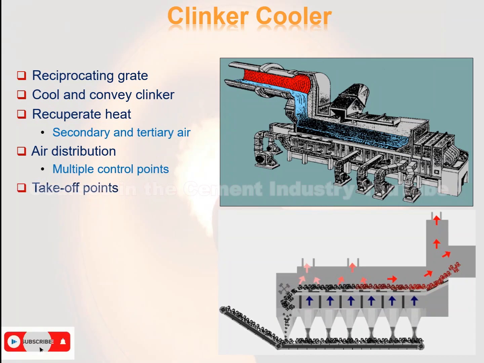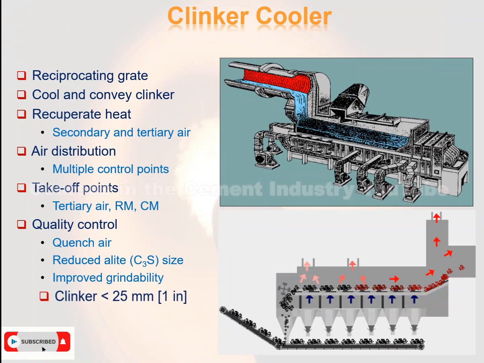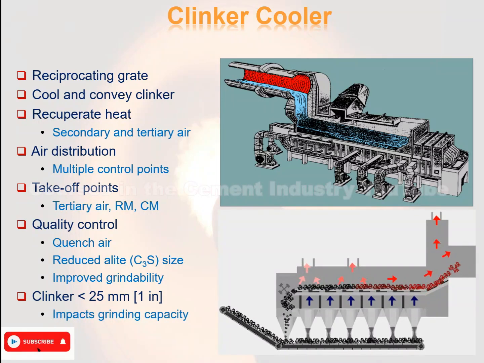Take-off points: tertiary air, raw mill, and cement mill. 6. Quality control: quench air reduces alite C3S size and improves grindability. 7. Clinker less than 25 mm impacts grinding capacity.